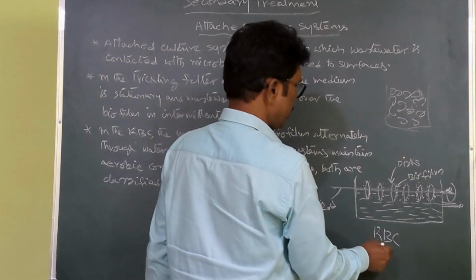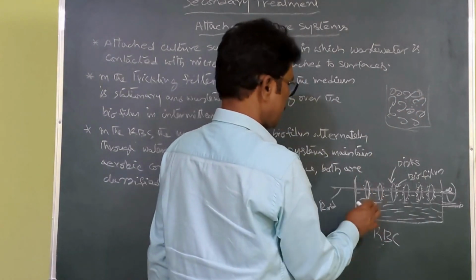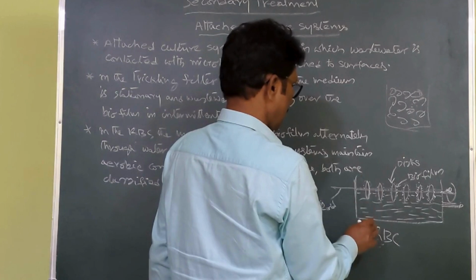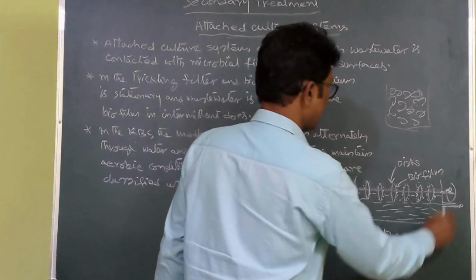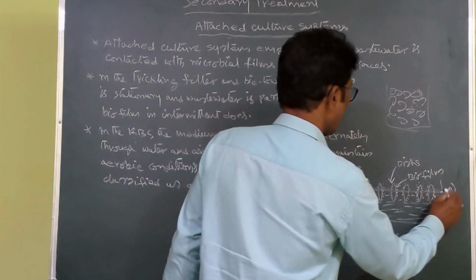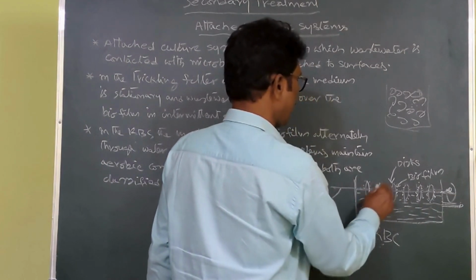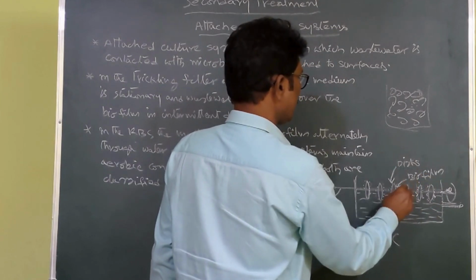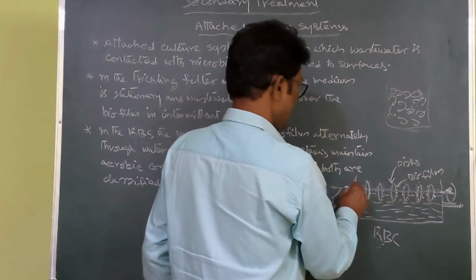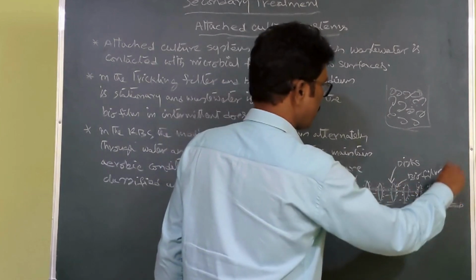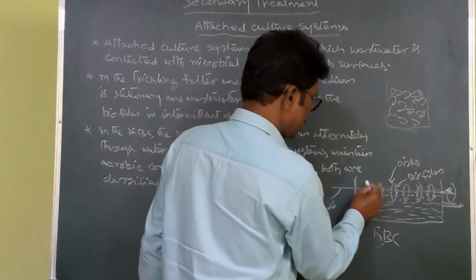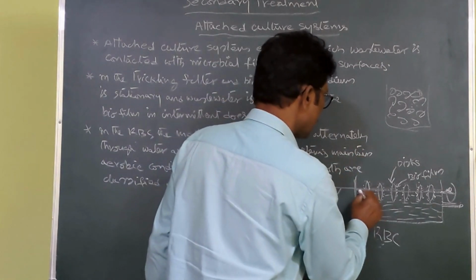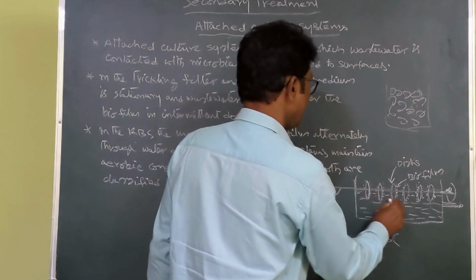Coming to the RBC, rotating biological contactor, what is the setup arranged in it? This is the reactor. There is a rod, and over that rod a number of discs are arranged. This is called a disc, and this is the biofilm. This rod keeps on rotating, so that these discs also rotate up to where the wastewater is maintained.